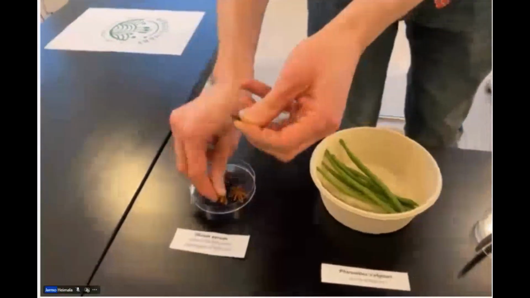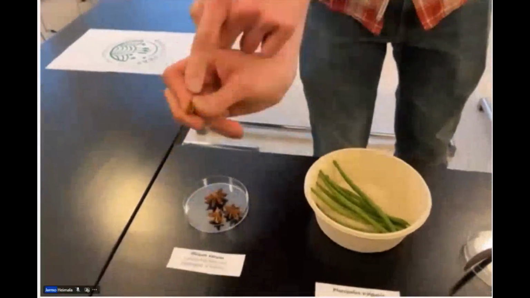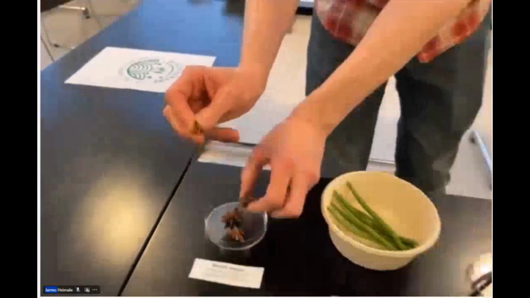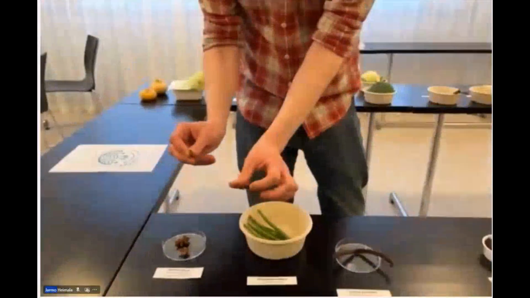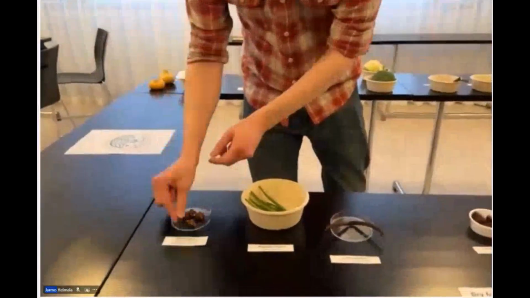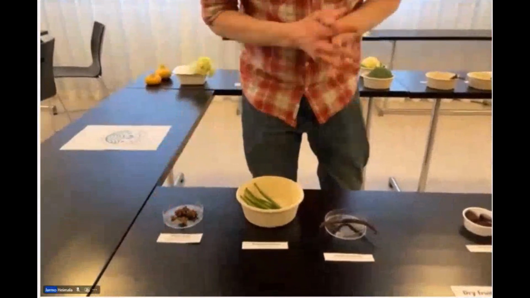There are simple follicles which have one suture that opens like this, and the whole thing is actually kind of an aggregate of follicles. Very unpleasant for insects.